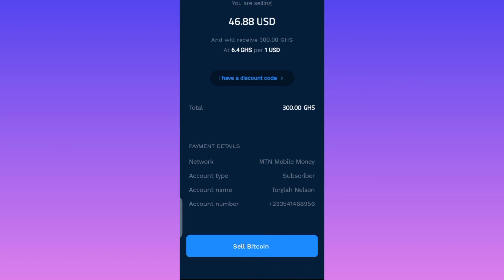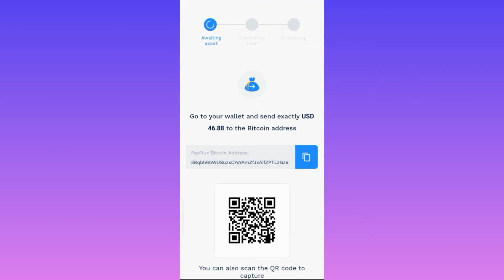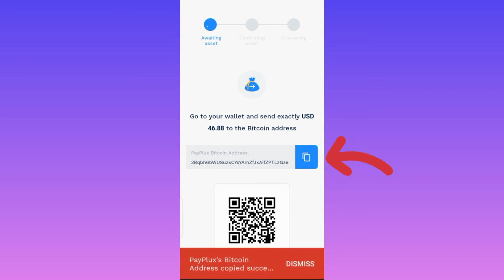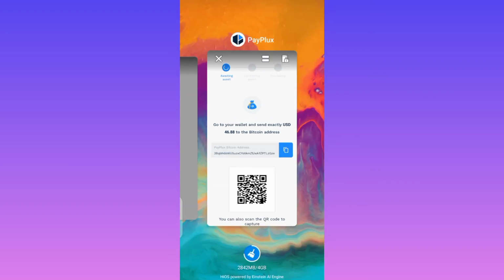Once you've seen that all these are correct, Payplux has given me their wallet, so I just click here to copy the Payplux wallet and go back to Coinbase. Remember, I have to input the Payplux wallet here, then Coinbase will send the Bitcoin to Payplux.